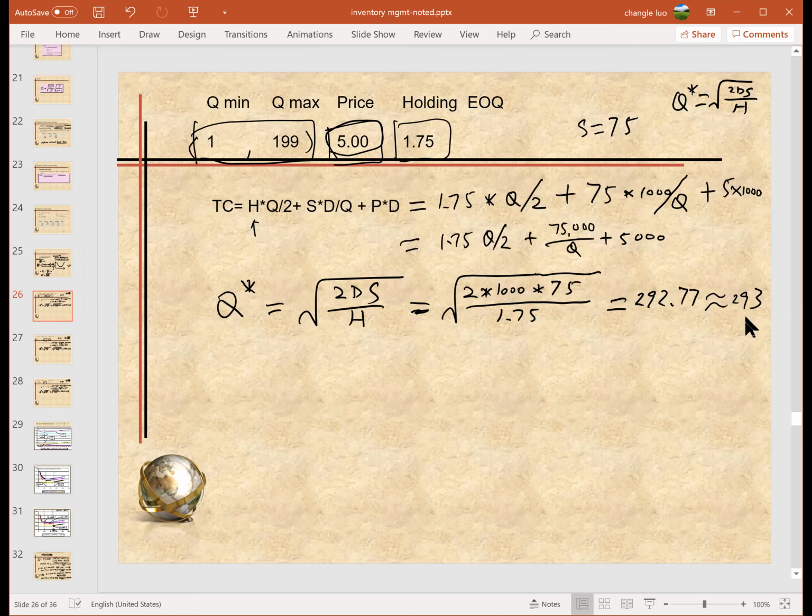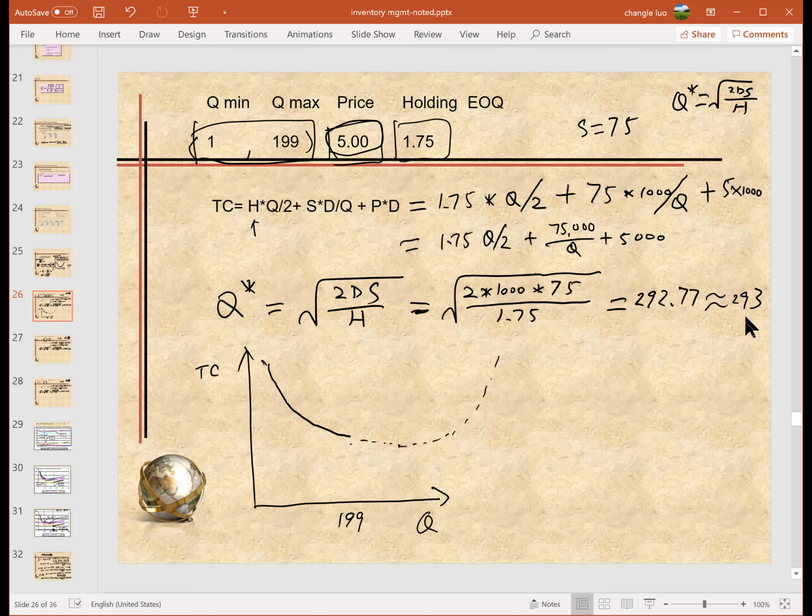All right, so let's look at it. The curve here right now, this is our total cost line, and this is the Q. Our total cost line is going to be like this, and it goes down. This is 199. Above 199, it doesn't exist, because our Q is between 1 to 199.